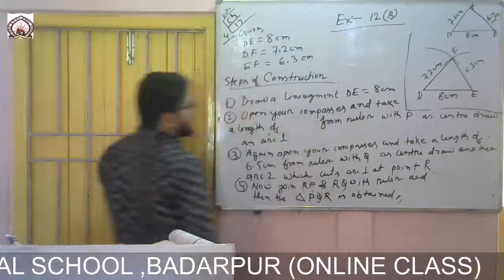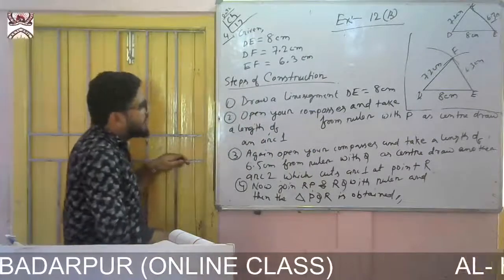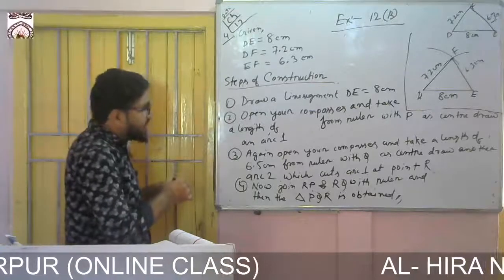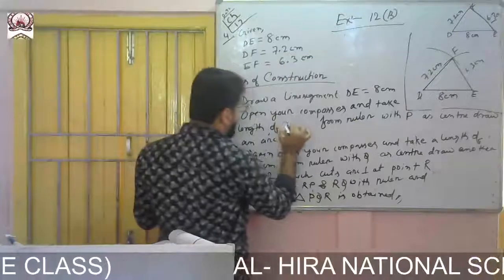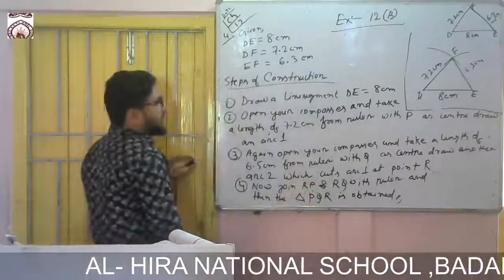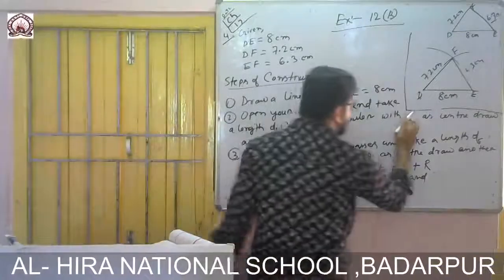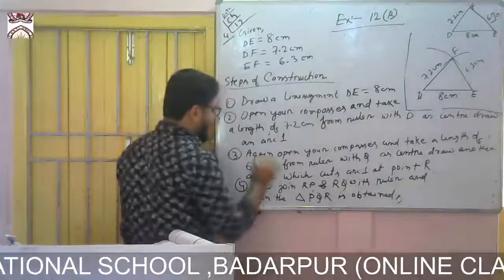Draw a line segment 8 centimeter. Open your compass and take a length of DF, which you have drawn first, 7.2 centimeter from the ruler. With D as center, draw an arc 1.